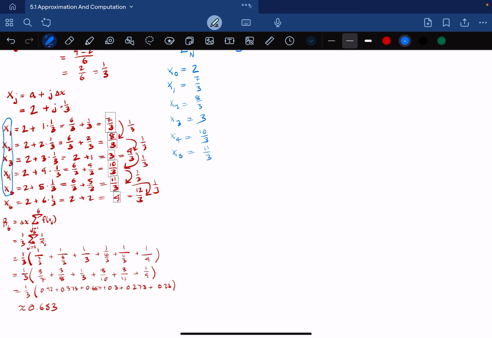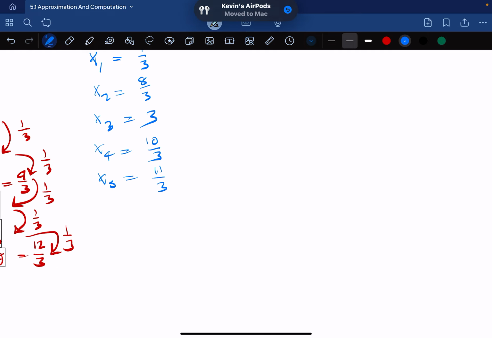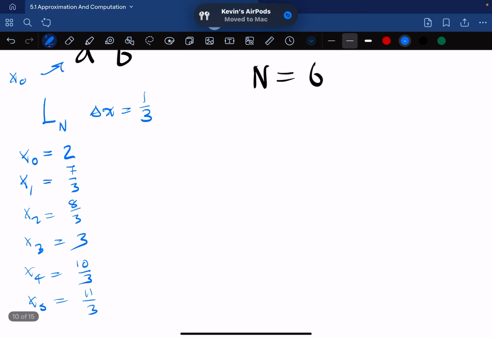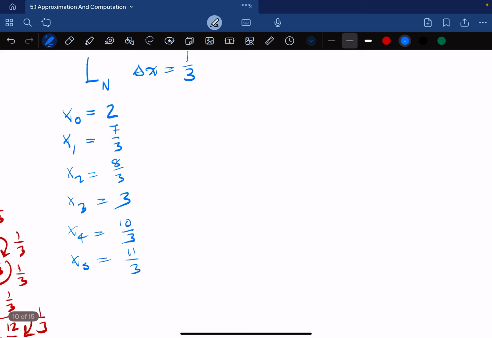And now this is going to be very similar to what we did for our right end approximation. Simply just going to write out our formula.